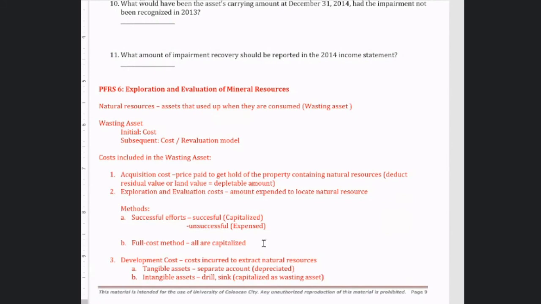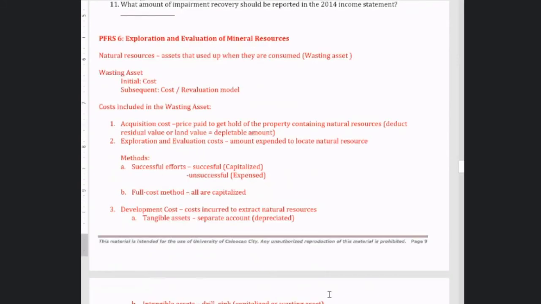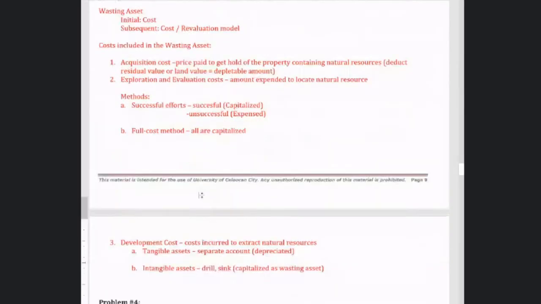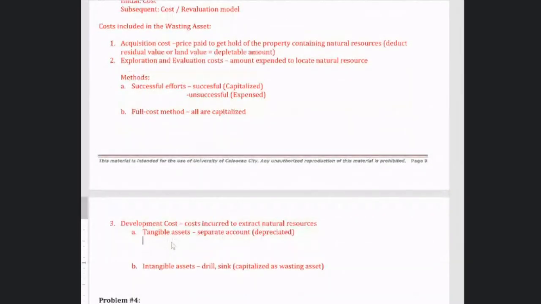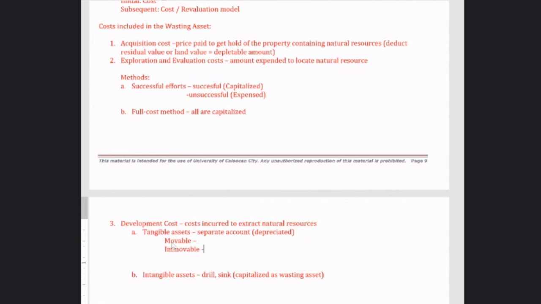Pero pag-usapan natin further yung tangible assets. Meron tayong tangible assets na movable, and then merong mga tangible assets na immovable. Ibig sabihin pag natapos na yung pagmimina mo, hindi mo na siya mare-recycle.